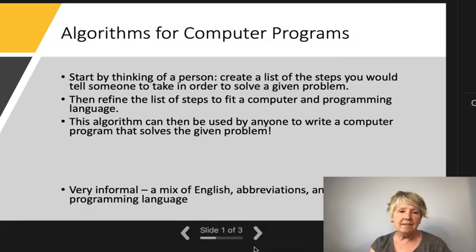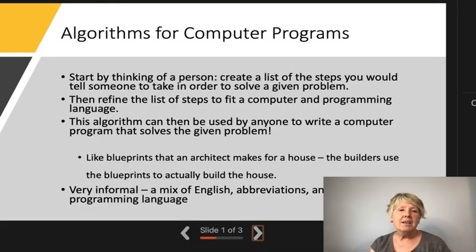And basically, this is like an architect making blueprints of a house, of how to build it and where all the boards go and so on. And then the architect gives the blueprints to the builders, and the builders use them to build the exact house that the architect designed.